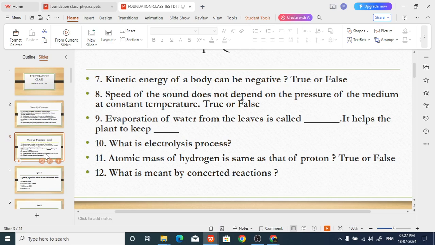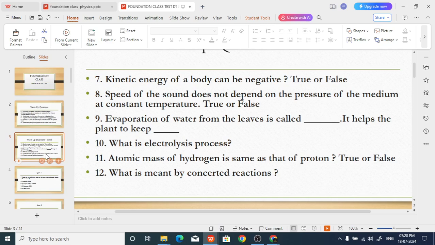Sir, it doesn't have neutrons, so it is the same as that of proton. Correct. Very good. Who has said this? Arshit, sir. Very good, Arshit. Correct, it does not have a neutron. You thought for a while. Maybe you are in 10th standard, yes, because 9th they may not have this.